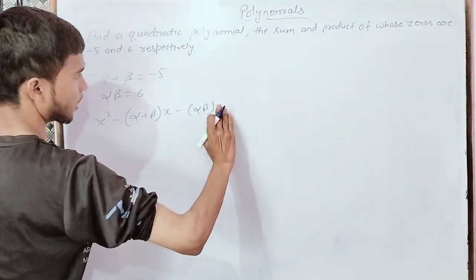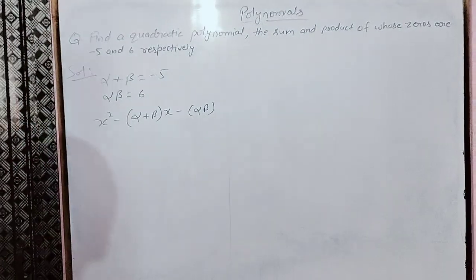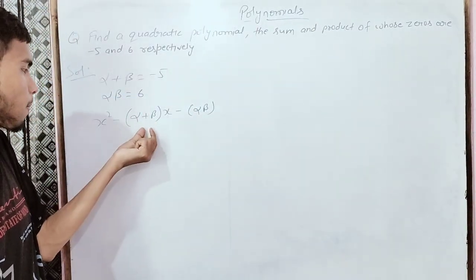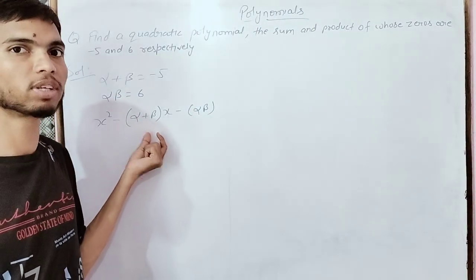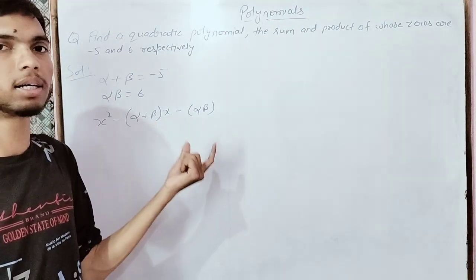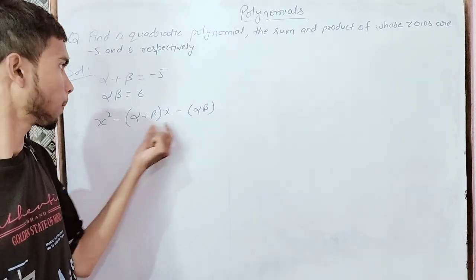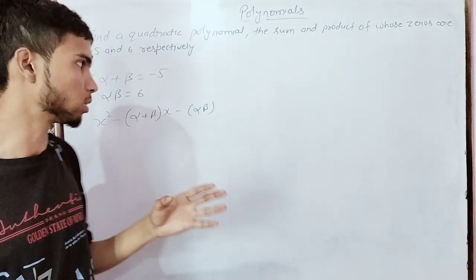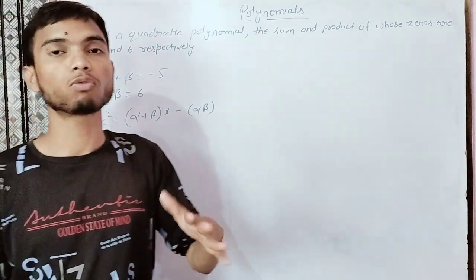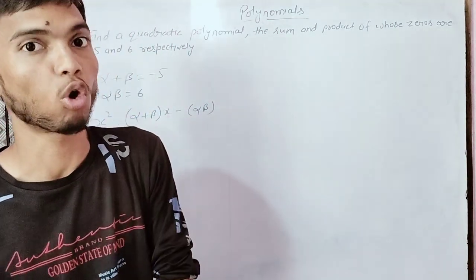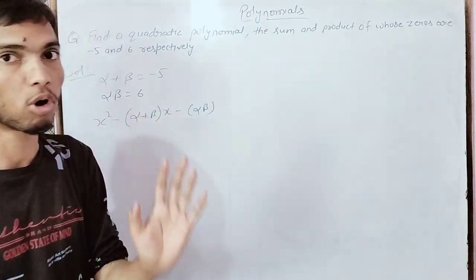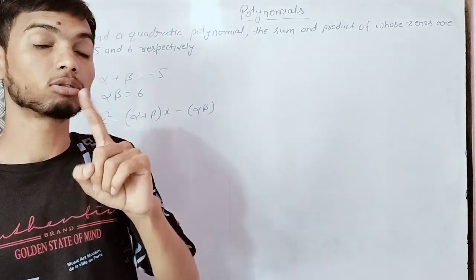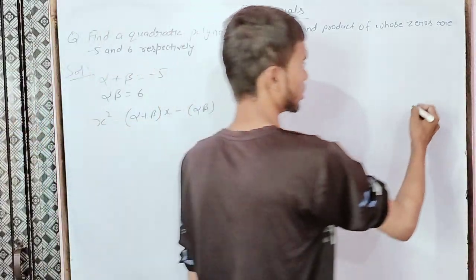From here you have to understand: x square minus alpha plus beta, the sum of two zeros, is with the middle term, so you can say alpha plus beta is a coefficient number. The sum of two zeros is a coefficient number. So the product of two zeros is what? It is a constant number.